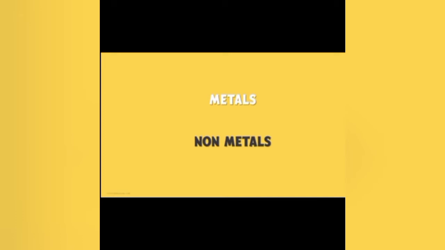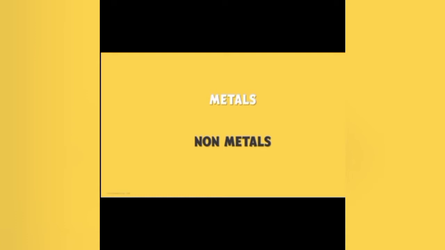We can divide matter into pure substances and mixtures, and pure substances are divided into elements and compounds. And what is an element? An element is a substance which cannot be split up into two or more simpler substances by usual chemical methods like heat, light and electric energy.